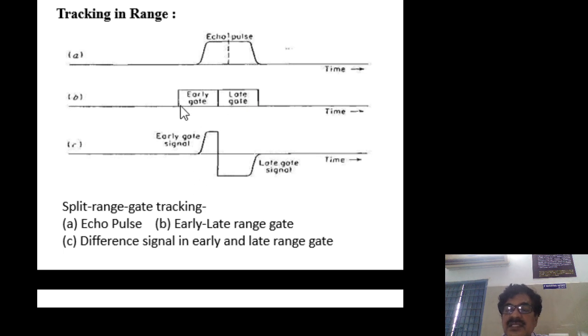This is the instant where the early gate is switched on, and this is the time where the early gate will be switched off, and at the same instant the late gate will be switched on, and this is the time where the late gate will be switched off. And figure C represents the output energy pulses with reference to the gates.